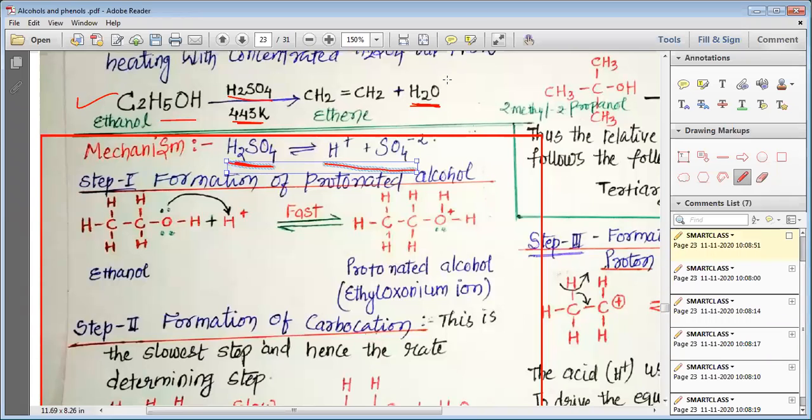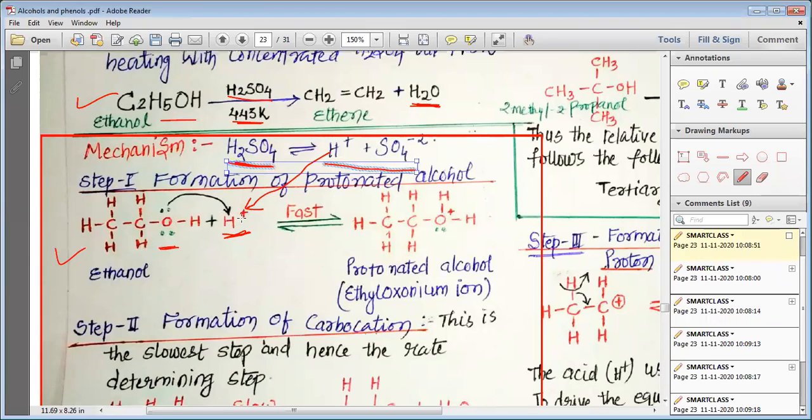This H plus is utilized in the first step. This H plus is attacked by the two electrons which are present on the oxygen of ethanol. You can see the attack of oxygen.